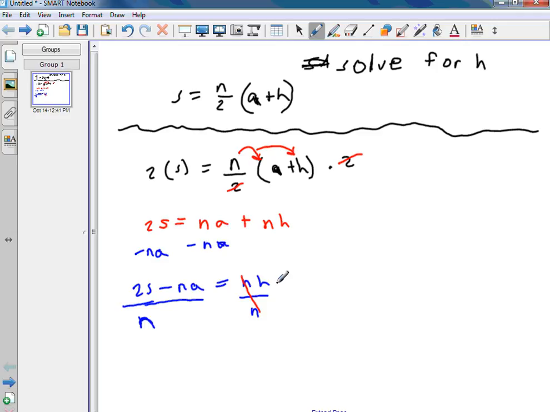And what most students are saying is this ends up being 2s minus n a, again that a I'm having trouble creating, over n equals h.